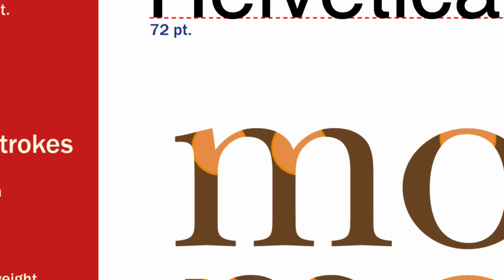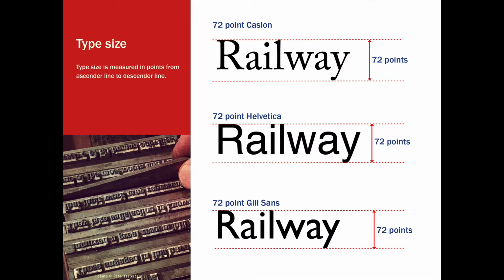Type is measured not by the size of the letters themselves, but on the total vertical space that a line of type will occupy on a page. So from the top of, say, the L to the bottom of the Y is actually what is being measured in points, and you can clearly see that 72-point Helvetica appears to be much larger than 72-point Caslon.